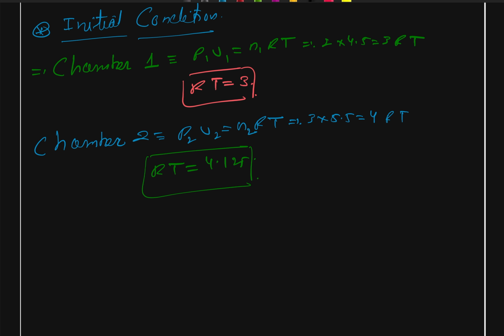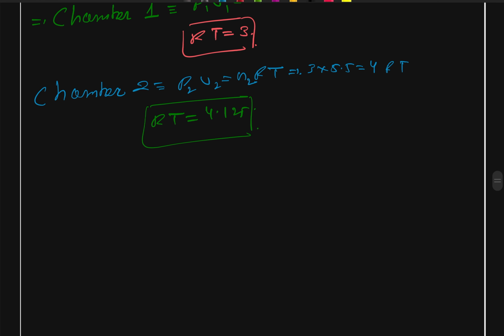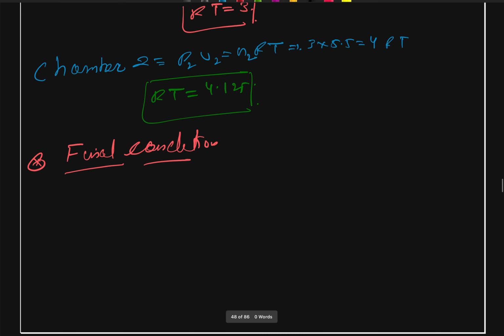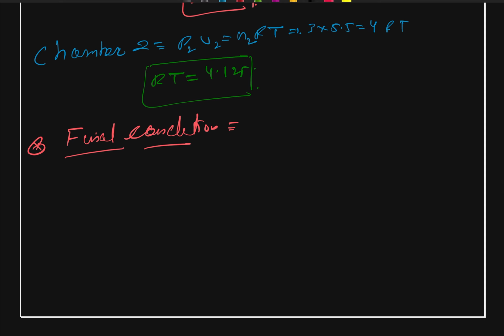And now we come to when they are mixed, that is our final condition. For the final condition, same, we can use P equivalent times V is equal to nRT.